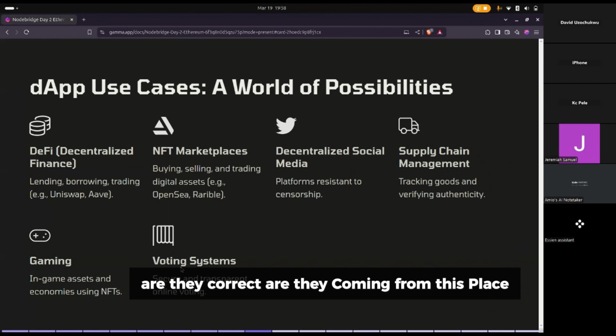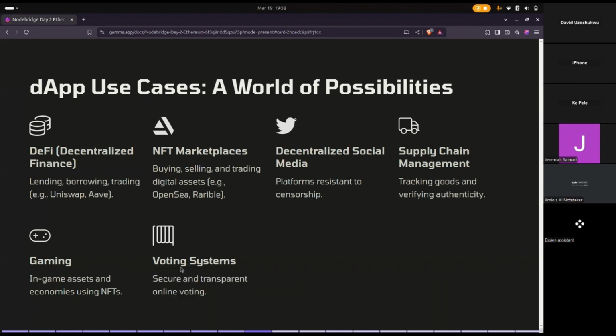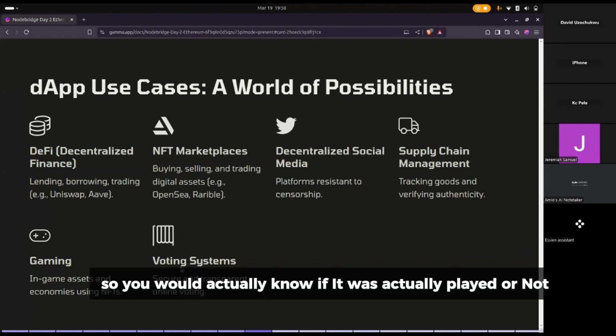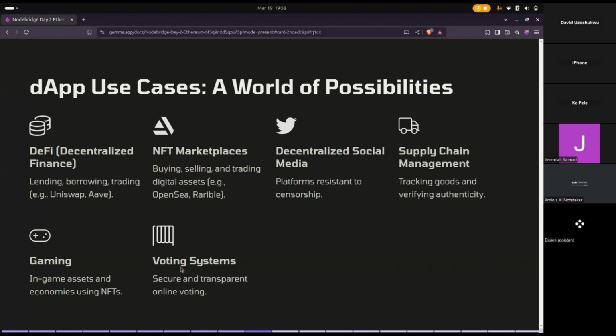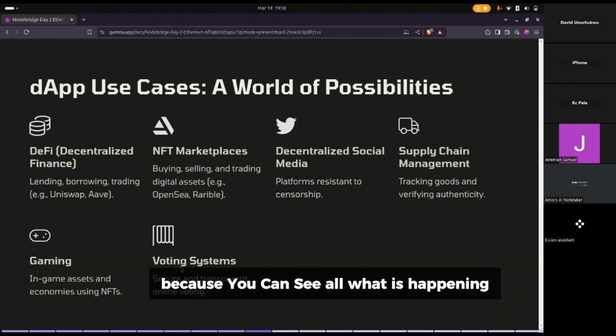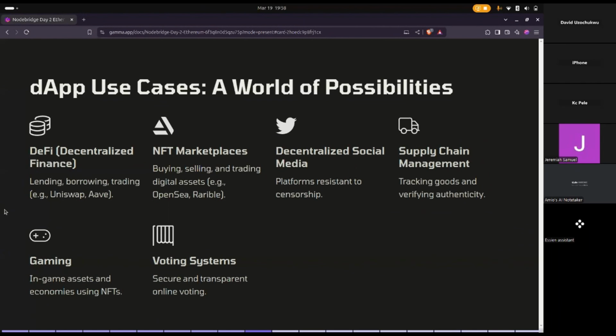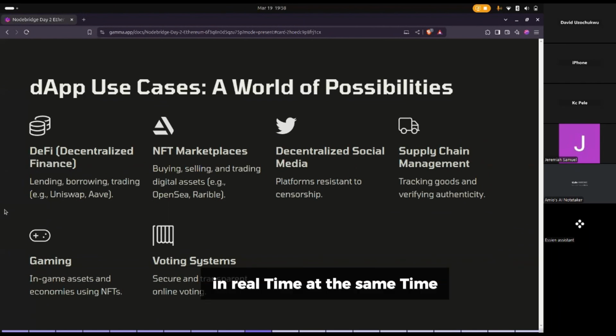Are they correct? Are they coming from this place? Are they humans? Were they multiplied? So you would actually know. That is a secured voting system, and it is transparent because you can see everything happening in real time.